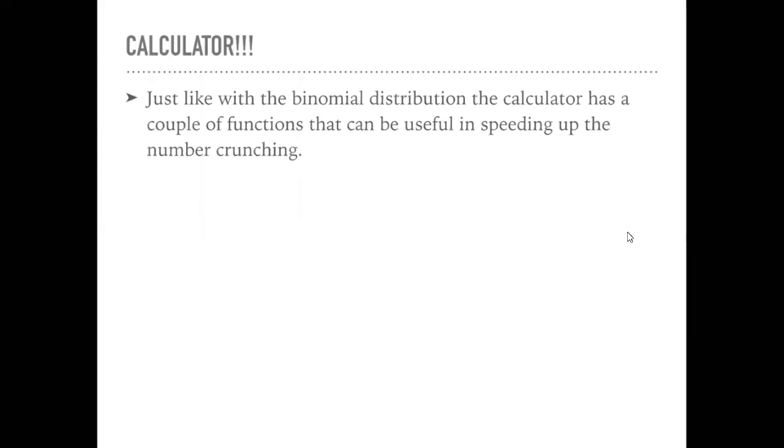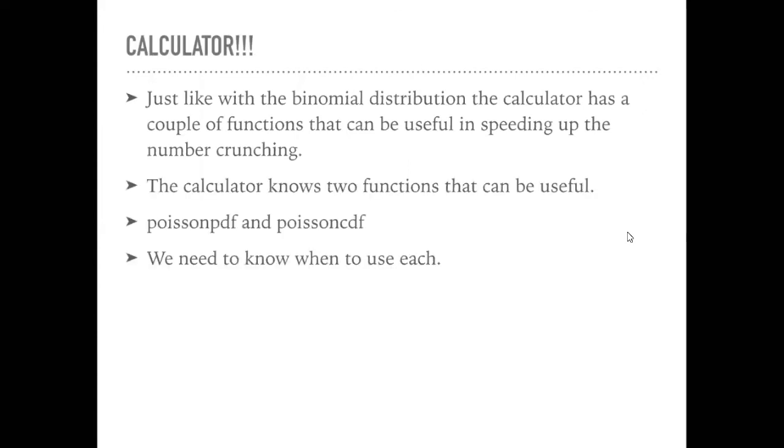So on our calculator, just like with the binomial, we're going to have two useful functions. And as we're entering these into our calculator, we're always going to enter lambda and then x. Again, PDF is when we're precisely equal to a number. CDF is when we're looking for cumulative distribution.